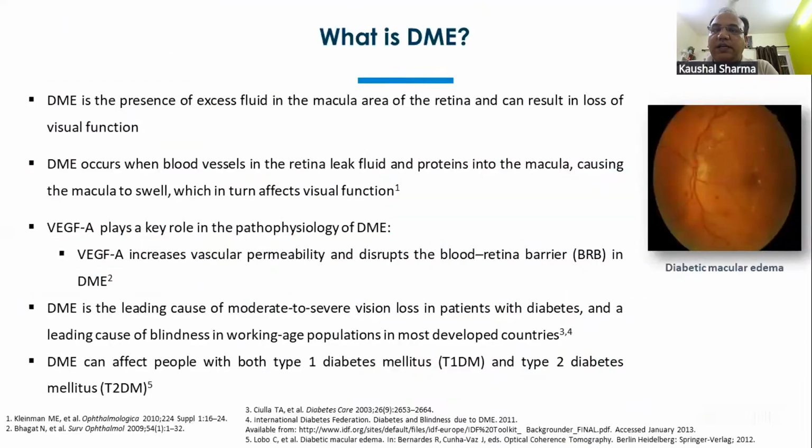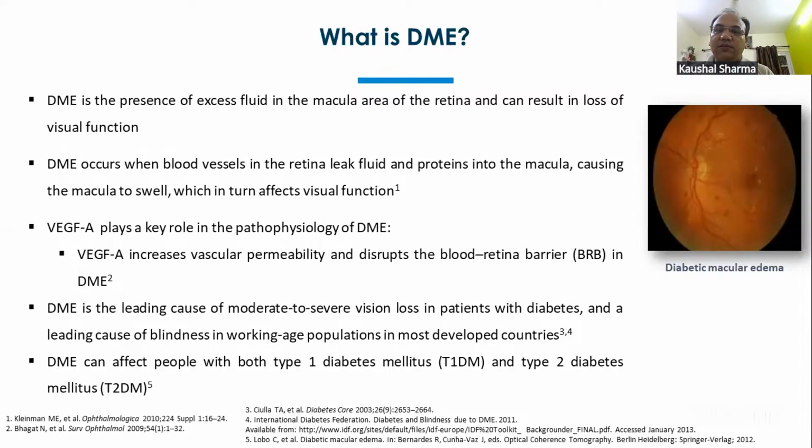What is DME? DME is the presence of excess fluid in the macular area of the retina that can result in loss of visual function. DME occurs when blood vessels in the retina leak fluids and proteins into the macula, causing macular swelling, which in turn affects visual function.